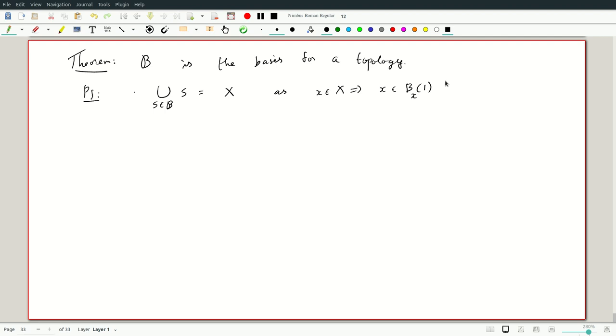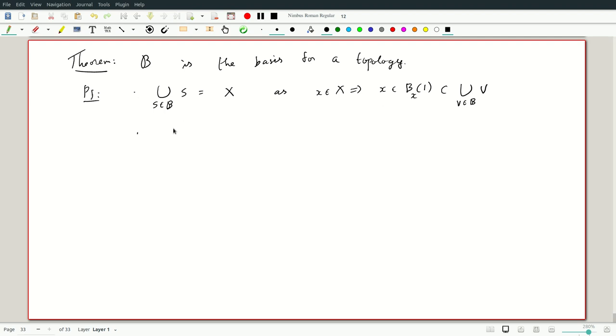So this is of course contained in the union of V in B. V is better notation. Every point is contained, for example, in the ball of radius 1 around itself. By the way, there may be no point as far away as 1 from x. Maybe the space is tiny, but it doesn't matter. This is only an upper bound. Okay, so the easy part is disposed of.